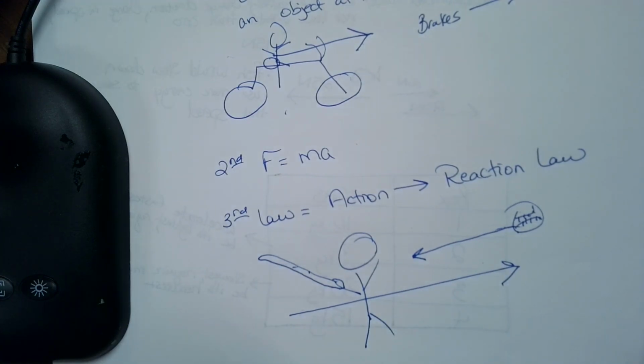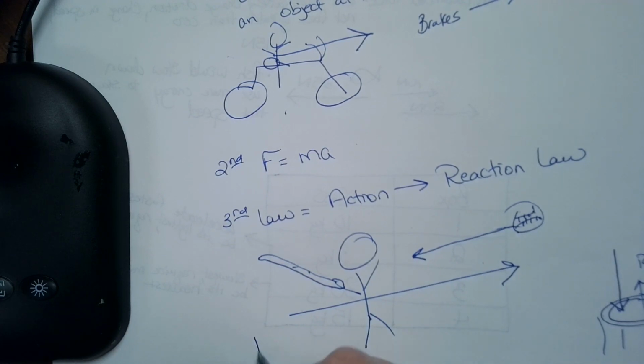It's just like a trampoline. If you have a trampoline and you're jumping on it, bouncing against the trampoline is the action, and it pushing you back up is the reaction.